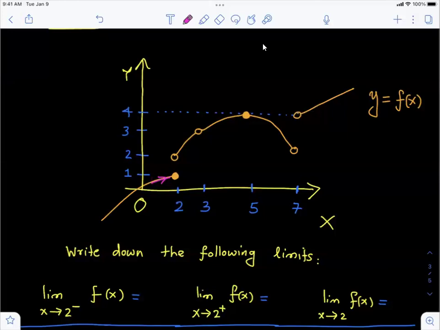Now we consider the left approach. In that case, we can see the function is approaching the value of 1, the height of 1, that is the height the function is achieving. So let's write it down here. It's none other than just 1.